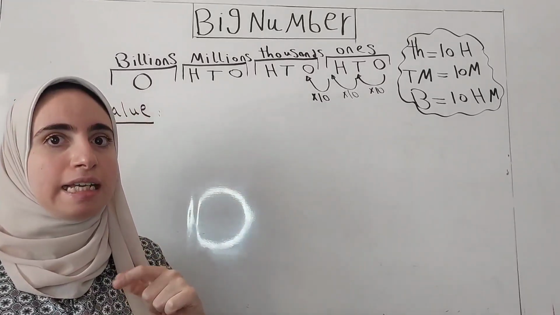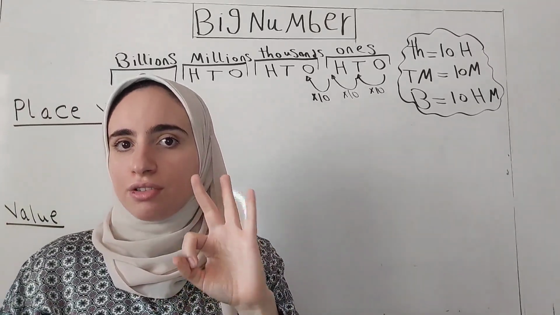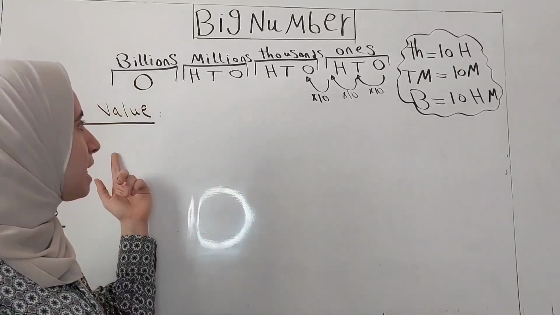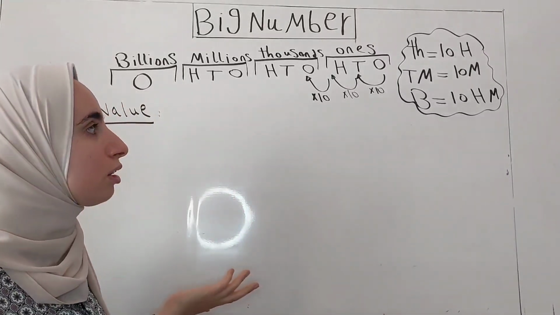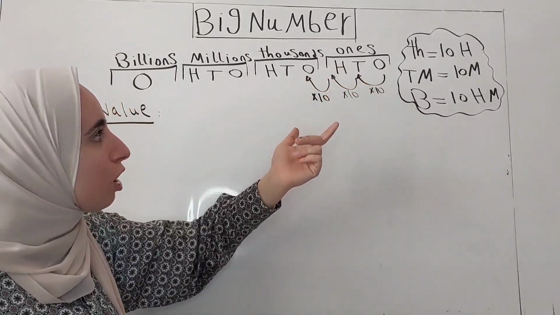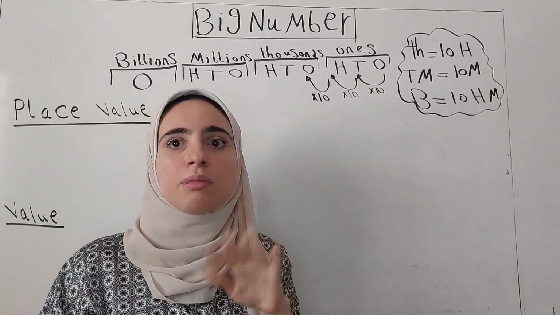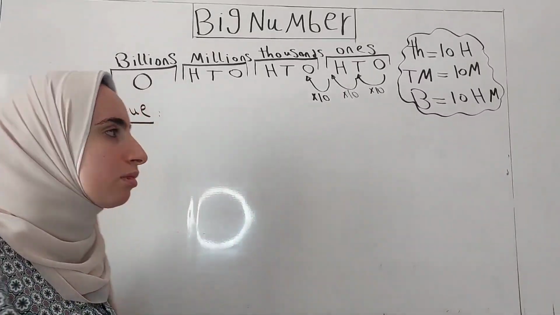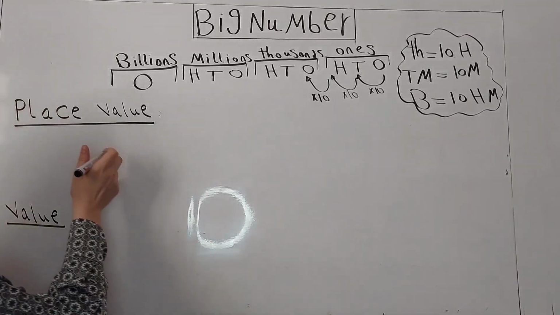We studied it in Junior 3, and we studied the value in Junior 3. Place value is where the digit belongs: ones, tens, hundreds, thousands, 10,000, 100,000, million, 10 million, 100 million, billions. Example given.